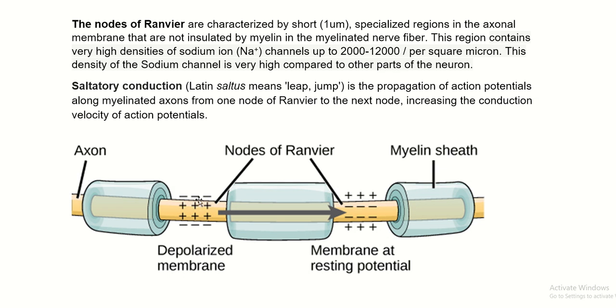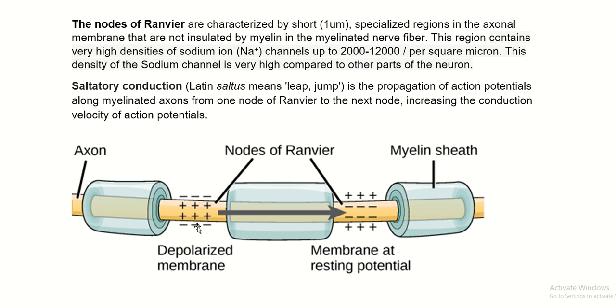But at the node of Ranvier, the number of sodium channels is 2000 to 12,000 per square micron. In other parts of the nerve cell body and nerve terminal, the number of sodium channels is less.